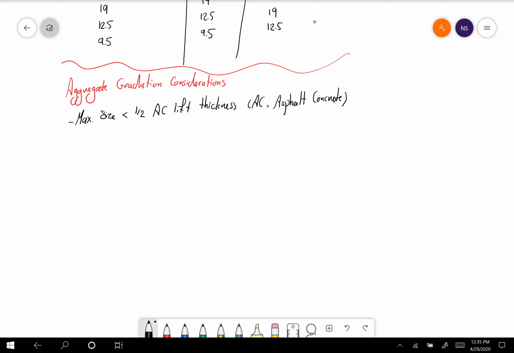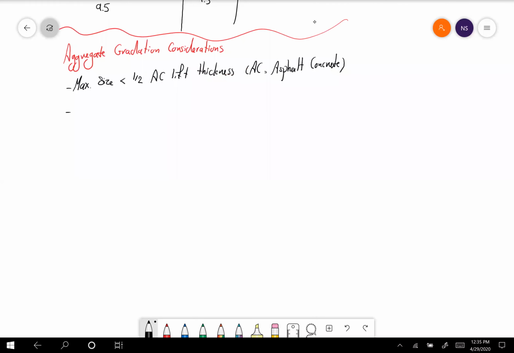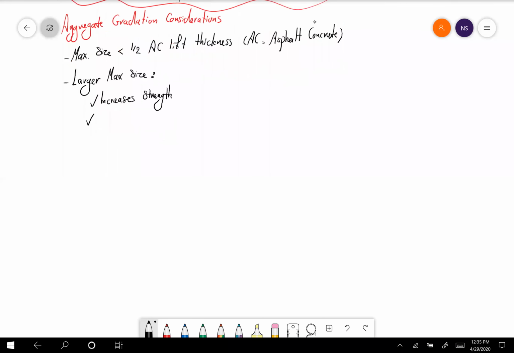And then the implications of larger maximum size are that it increases the strength. It also improves the skid resistance.